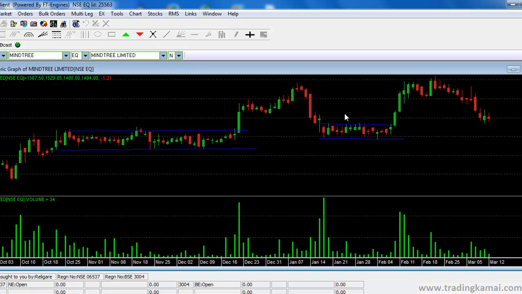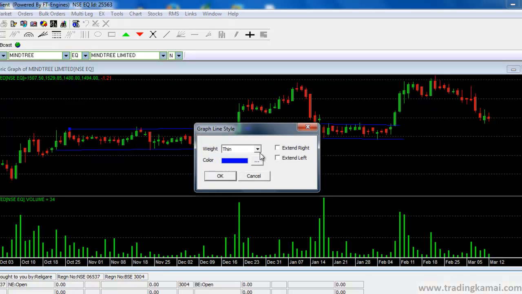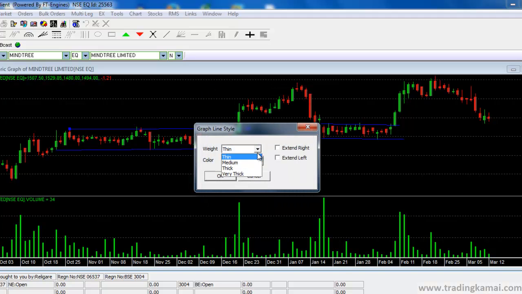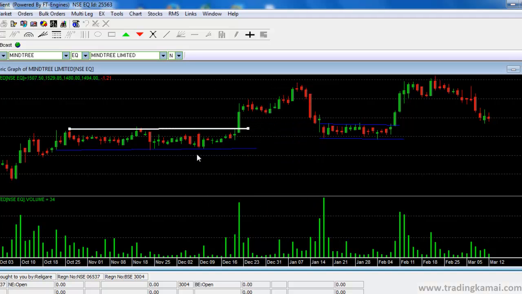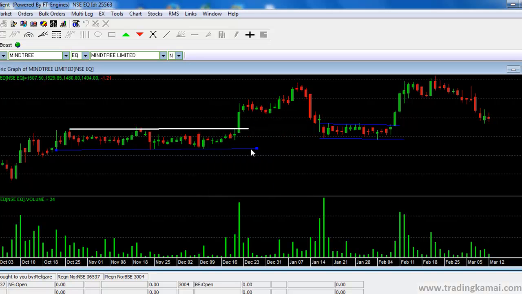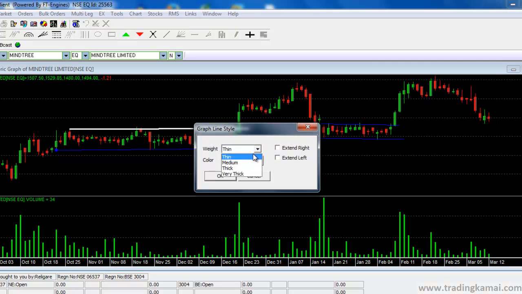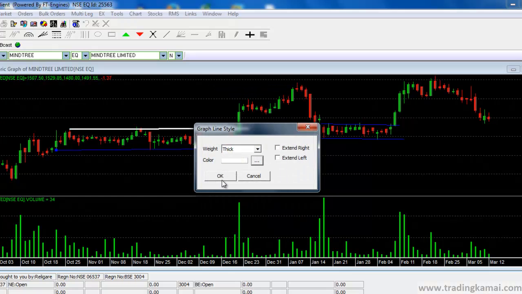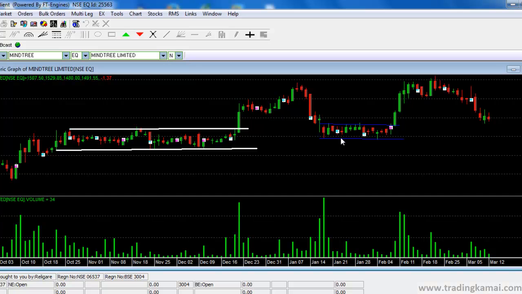So there it is. Let me make these lines a bit thicker so that we can read them properly. I'm going to make it white and thick. So very quickly, we'll take this line over here, make it thick and make it white so that you can see it, and the same over here.